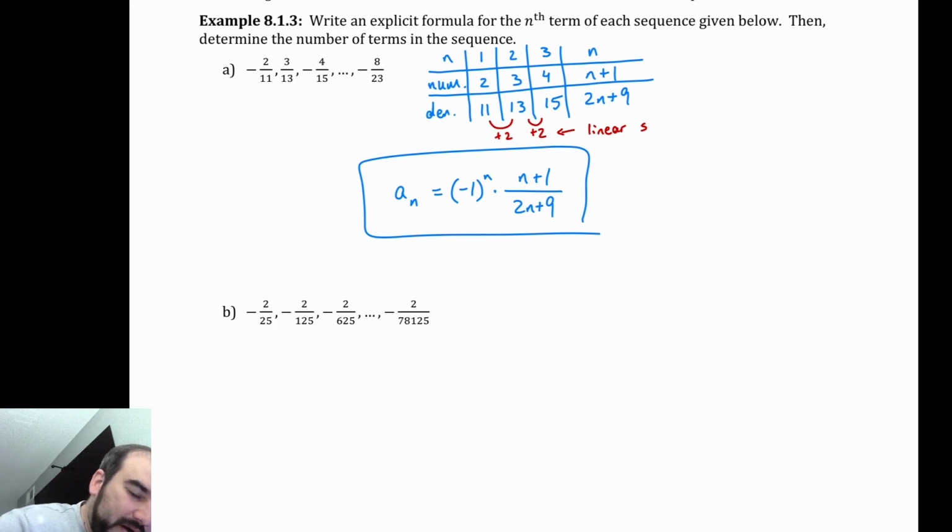I'll call it a linear pattern. We have a linear pattern here with slope equal to 2.